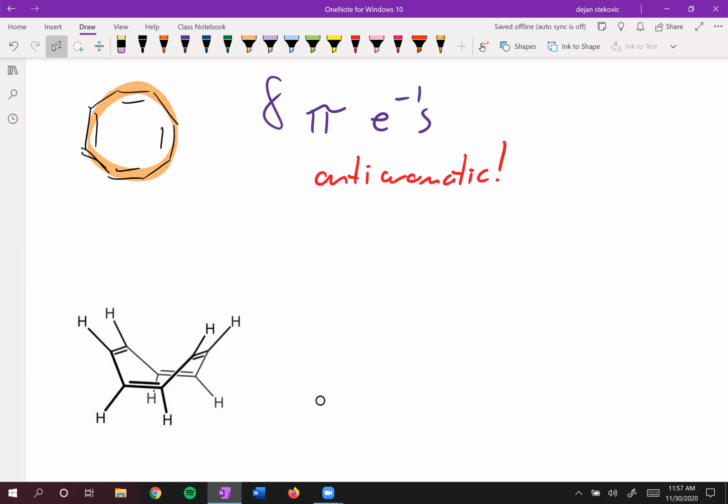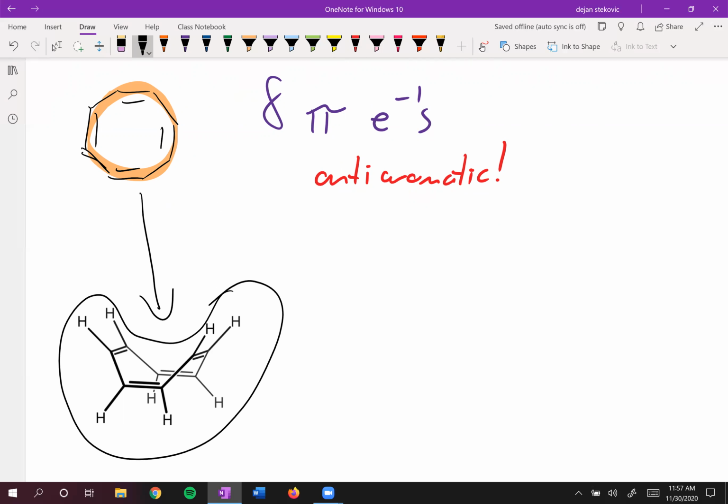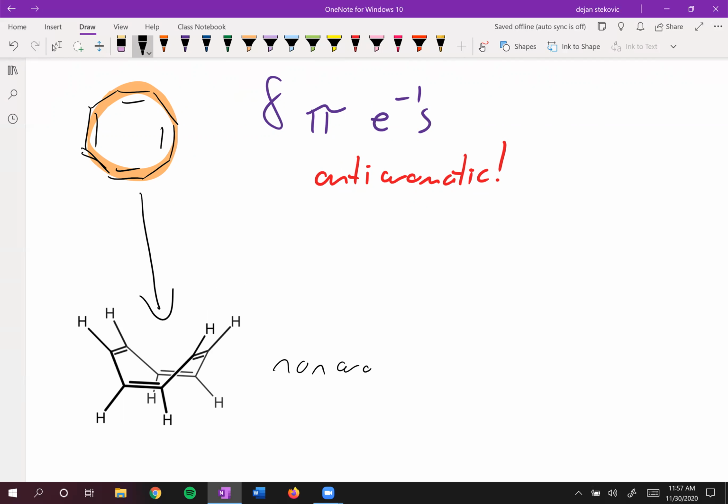And in this case, what it's going to do is basically change its shape, right? It's not going to be flat. It's going to go to this non-flat structure, which will keep the p orbitals from overlapping with one another and basically isolate all of these pi bonds. And it's going to turn itself into a non-aromatic compound. But again, for the purpose of our class, if you see the structure up top here, we're going to call that anti-aromatic. If you see this structure down here, that's obviously non-aromatic because it's not flat.